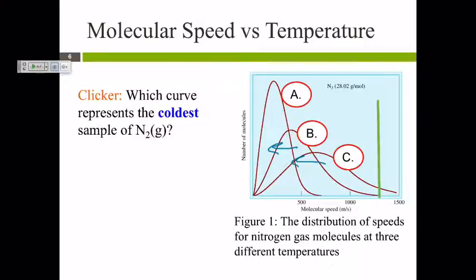Which of these samples has more molecules that can react? Why C? So beyond this line, the only one that even shows a visible amount of molecules that have enough kinetic energy to undergo this reaction are the ones in C, which are warmer.